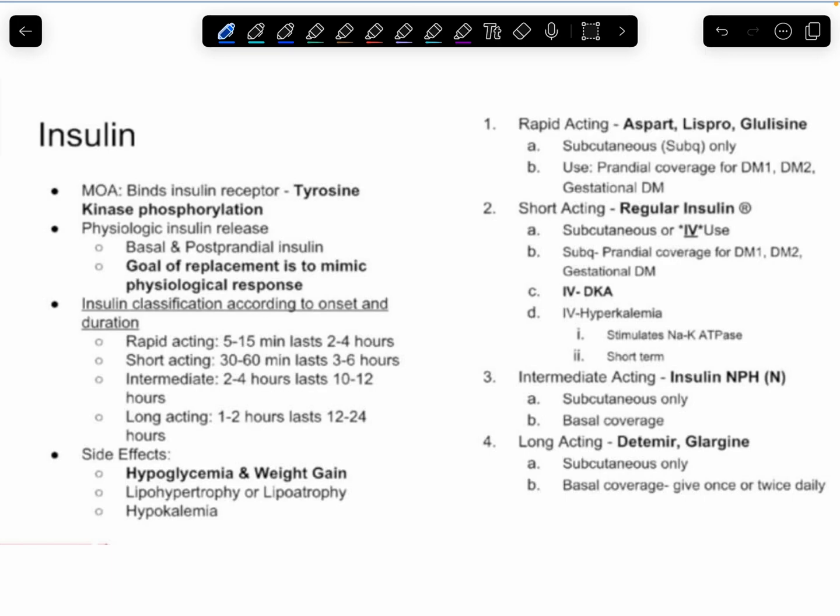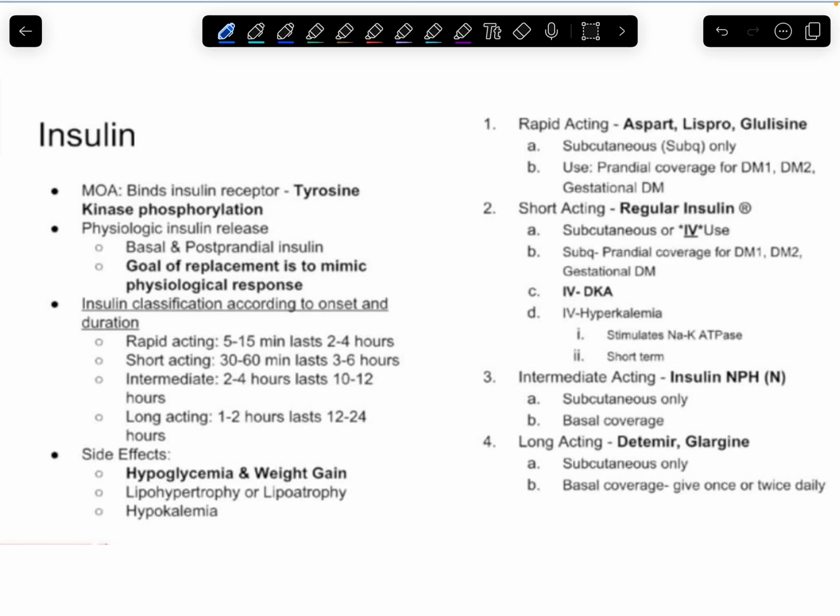By phosphorylation of this tyrosine kinase enzyme, they will help the cells to open and enter the glucose into the cells. Okay.